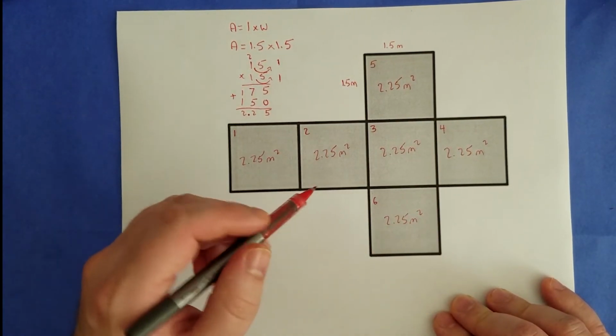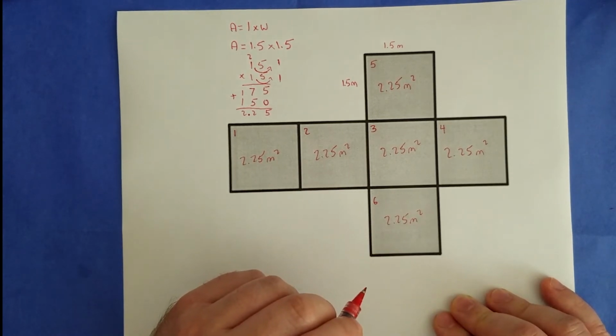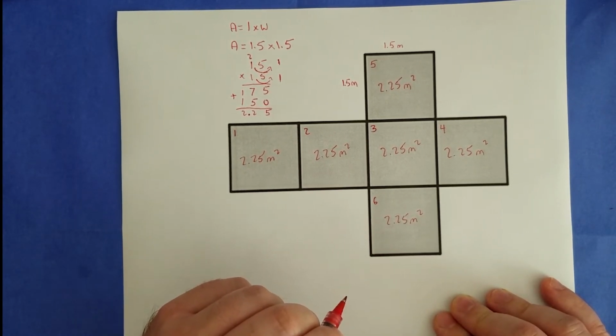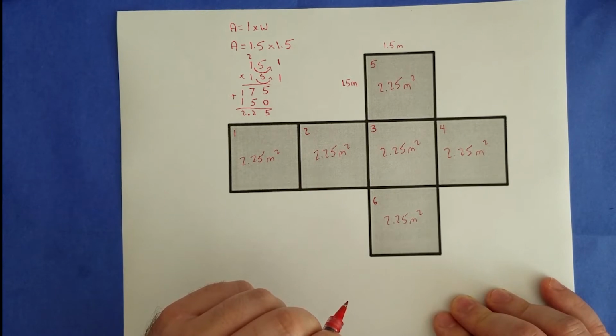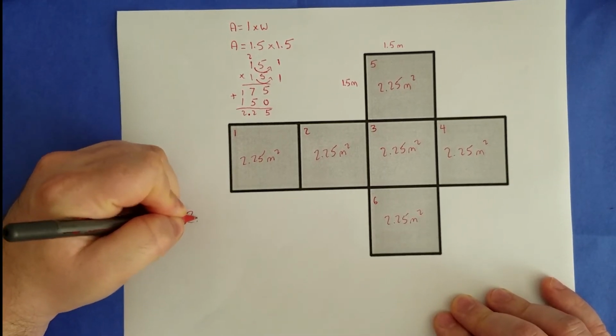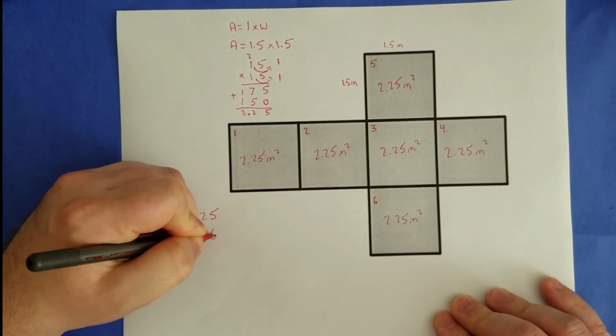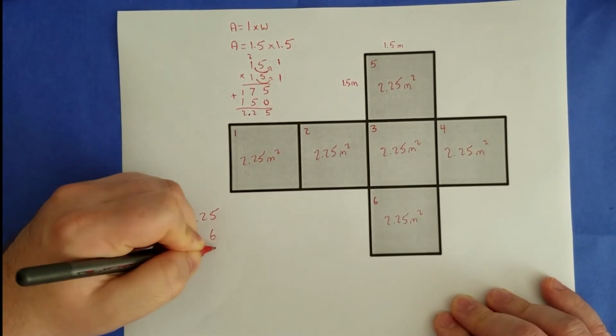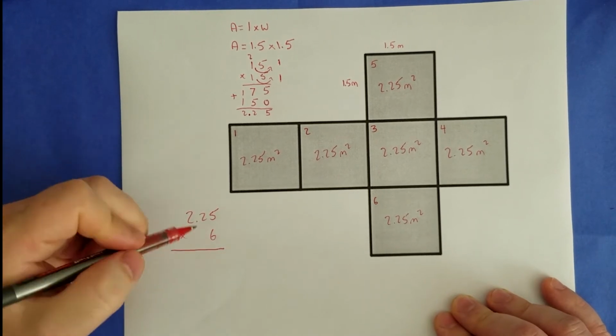So I have 6 shapes and they're all the same value. How do you think I'm going to find the entire surface area? If you said multiply 2.25 by 6, you were right. So we're going to multiply 2.25 by 6.